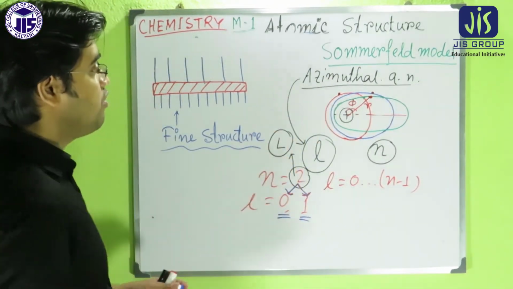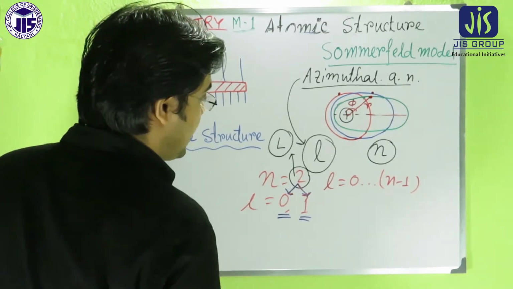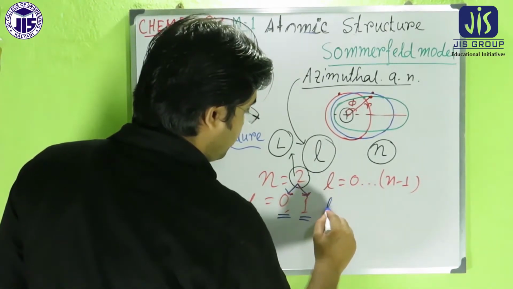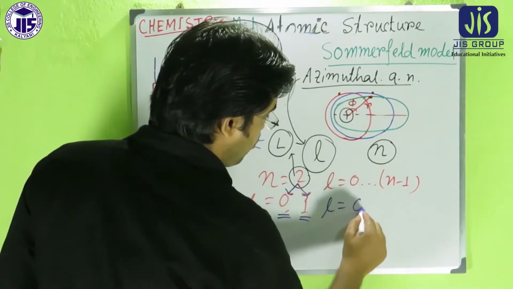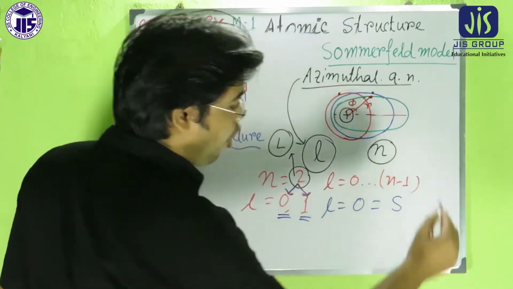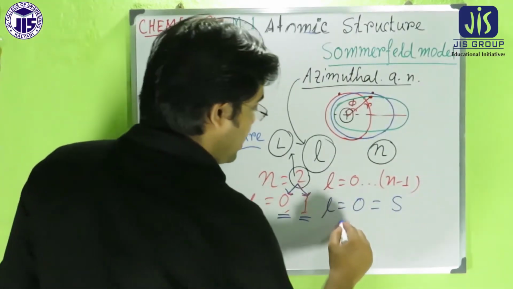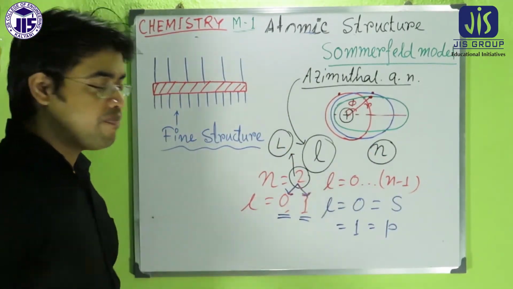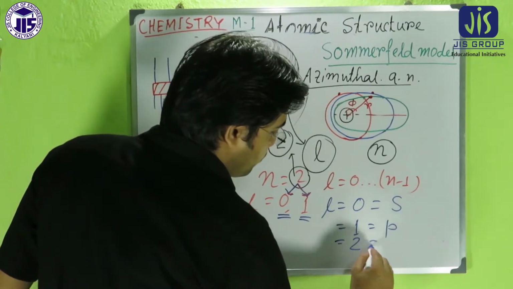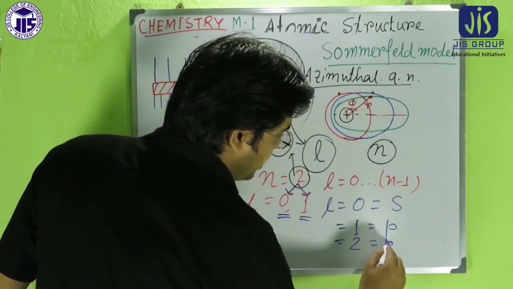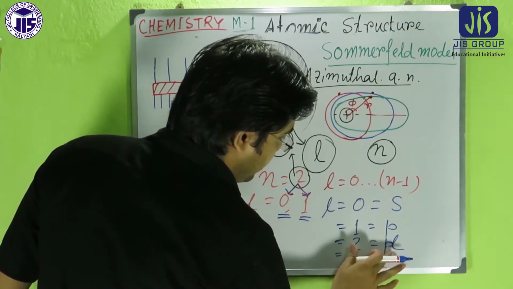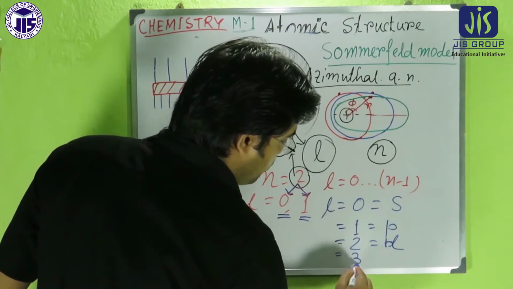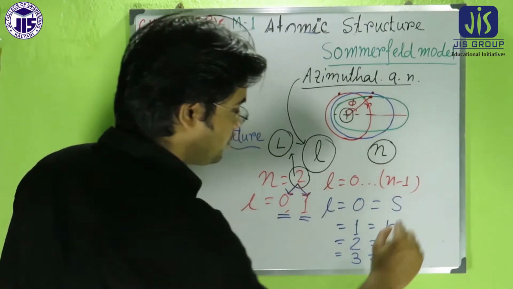According to Sommerfeld, if L equals 0, the name of the subshell will be s. If L equals 1, it will be p. If L equals 2, it will be d. And if L equals 3, it will be f.